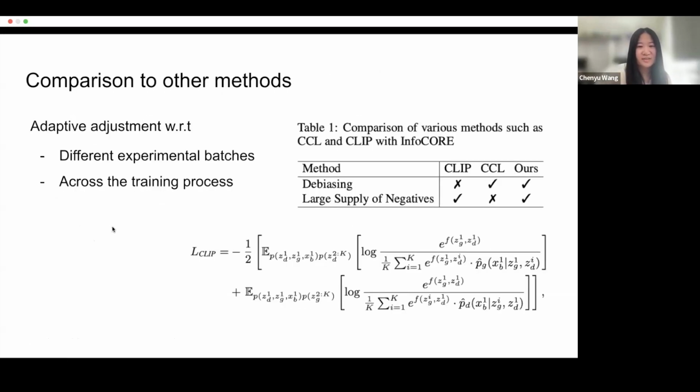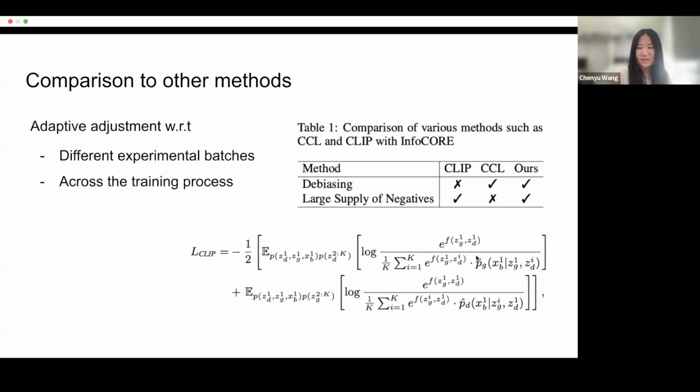And compared with the previous baselines that I mentioned, our model has two kinds of advantages. The first is, compared to the CLIP model, it is able to remove the bias from the batch confounder. And compared to the conditional contrastive learning method, our model is able to get access to a large supply of negatives and has better generalization capability.